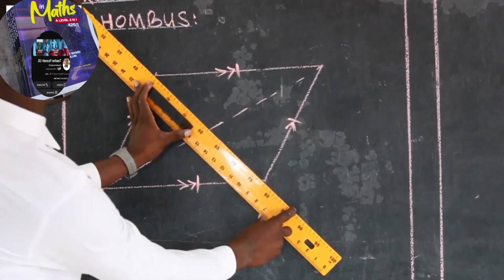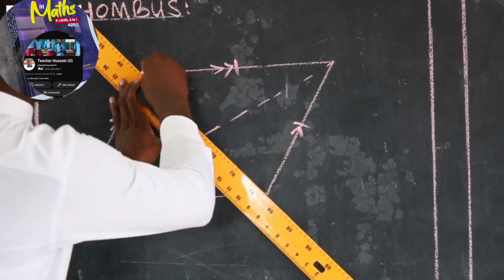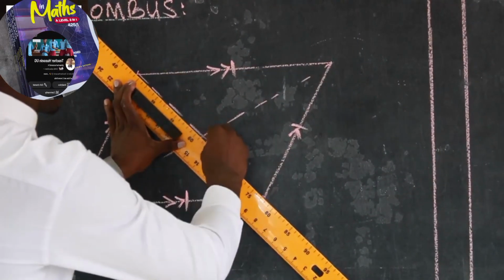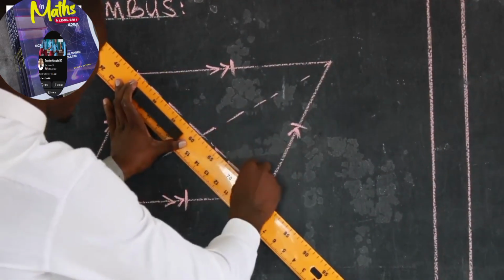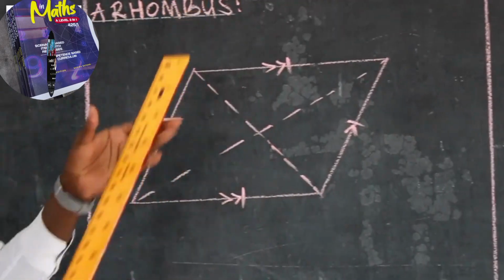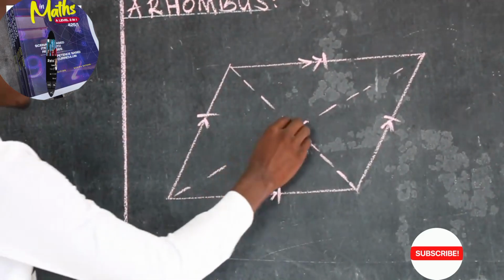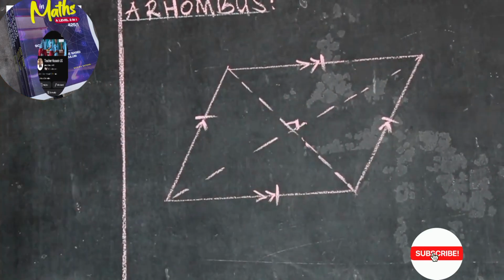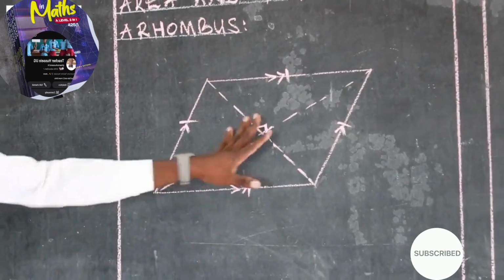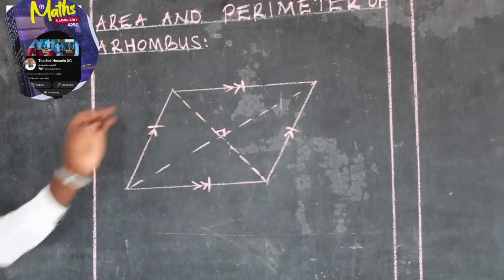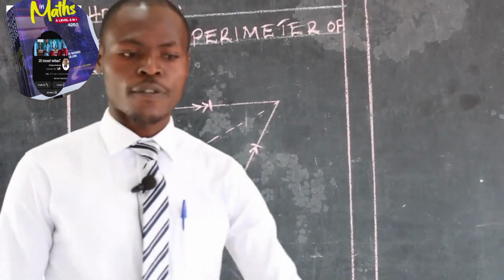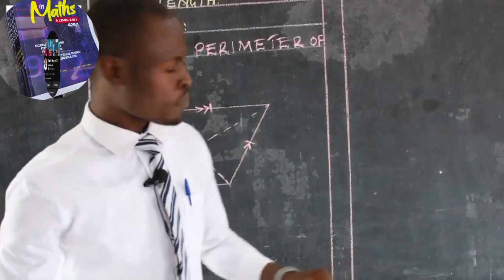These are the lines of folding symmetry. They are two, and they are diagonal. We said they bisect at right angles, giving us a total of 4 right angles. So this figure has 4 right angles.